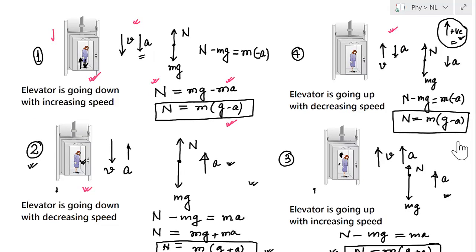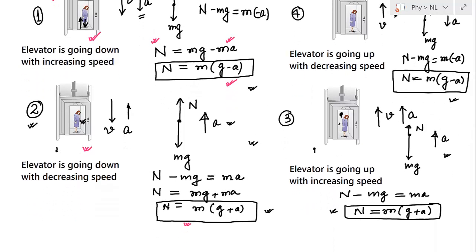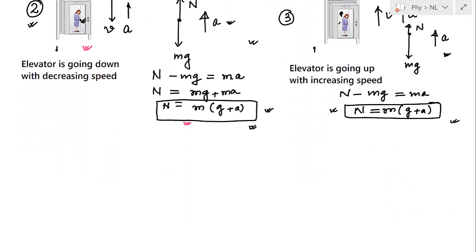So you see, in both these cases you will experience a lighter weight, and in these two cases you will experience a higher weight than the actual weight. So the apparent weight is higher. So we can summarize all this. When you are going onto the top floor, or you are coming from the top floor, you are going to feel lighter.